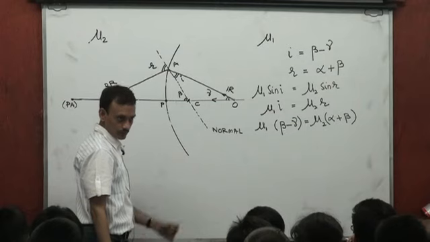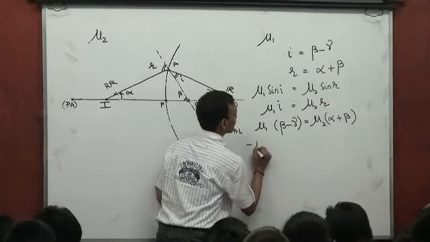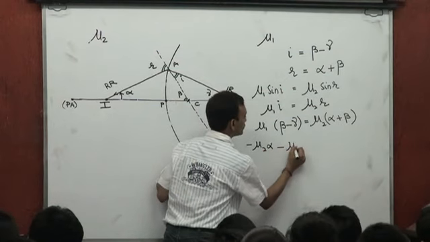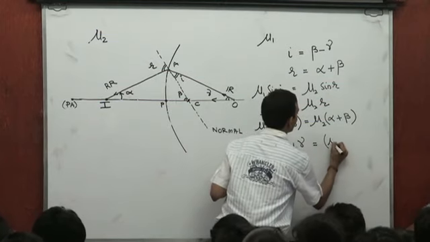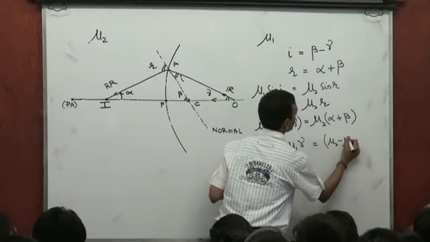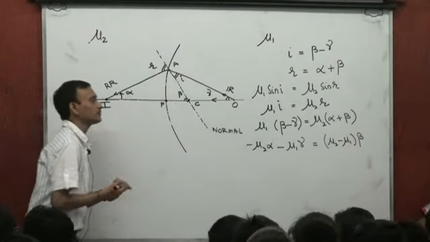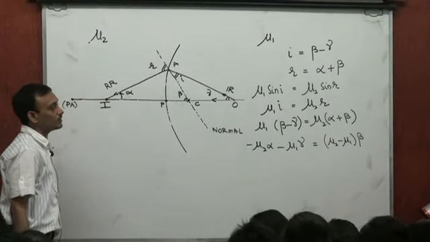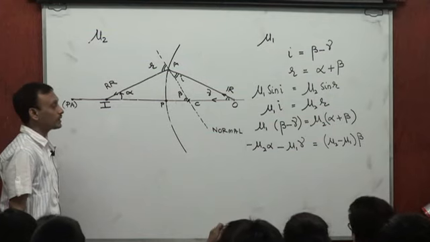Right? Collect terms. Beta collected on one side, alpha and gamma on the other side. Minus mu2 alpha minus mu1 gamma is mu2 minus mu1 beta, right?